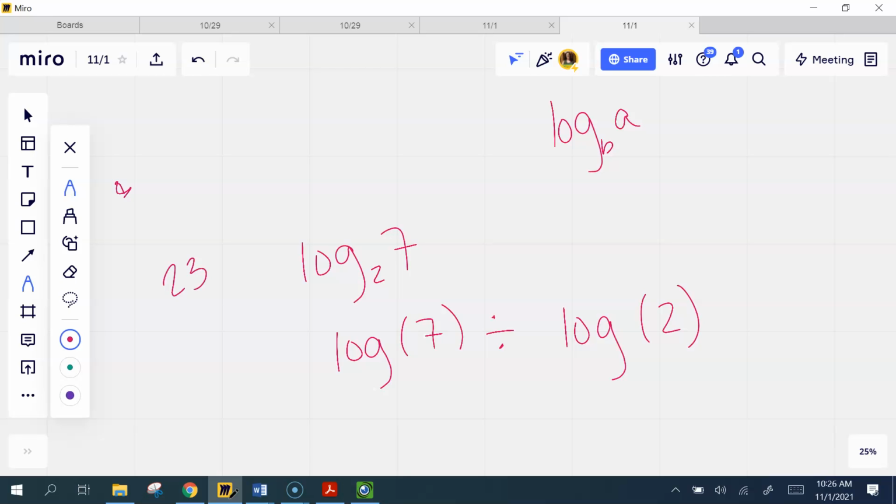So log is an operation that happens on the number. To find what it is, remember it's an exponent, and it tells you what that exponent would be on A here. You don't even put it up there. You would just say this equals 2.807.